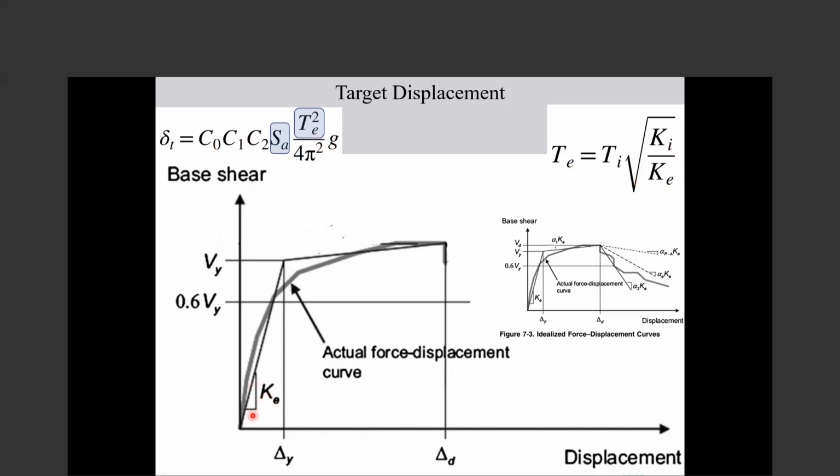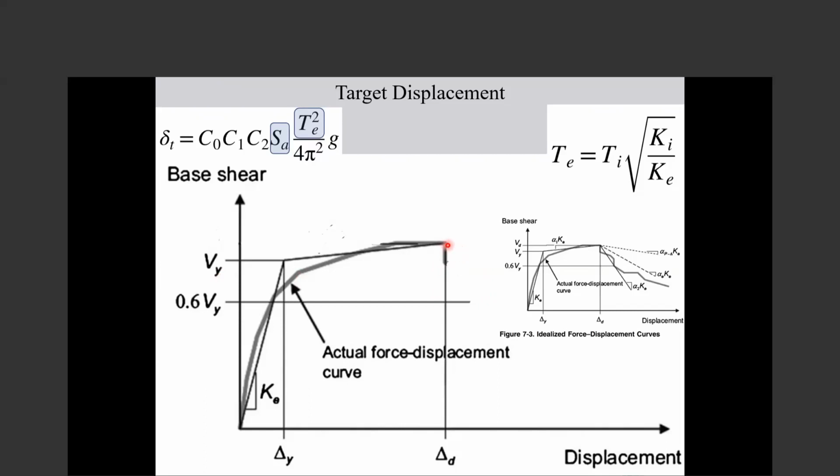This coefficient method says the equivalent stiffness is the slope of this line. So we should know what this line is. In the codes for existing buildings, they explain that you should slope this way from this point, which is either the target displacement or the point where there is a drop in the stiffness.